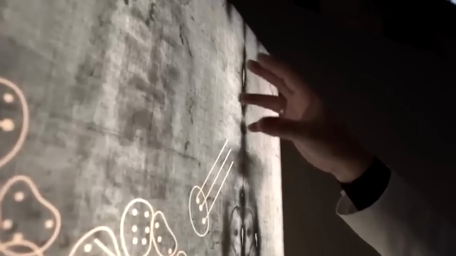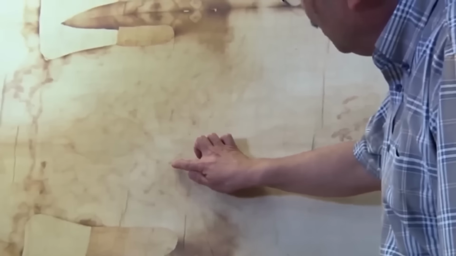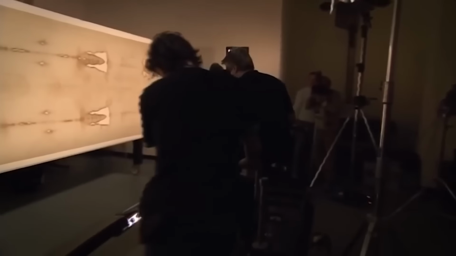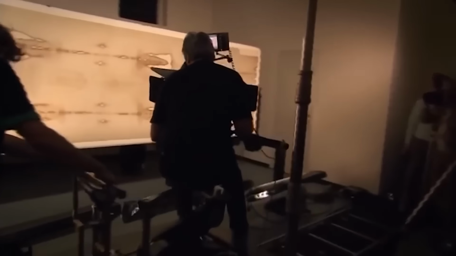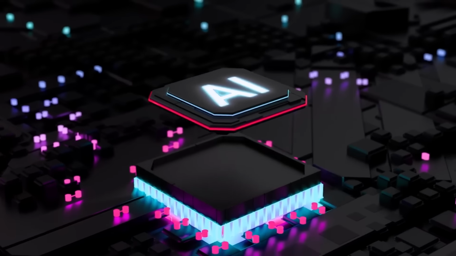When a normal photograph is run through the VP-8, the result is chaos. Faces become distorted, noses sink inward, eyes bulge unnaturally, and the image collapses into nonsense. That's because standard photographs contain shadows created by light sources, not true depth information. The analyzer misreads those shadows and invents false relief.